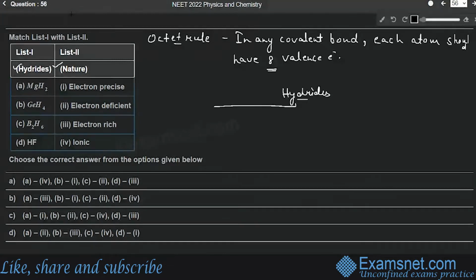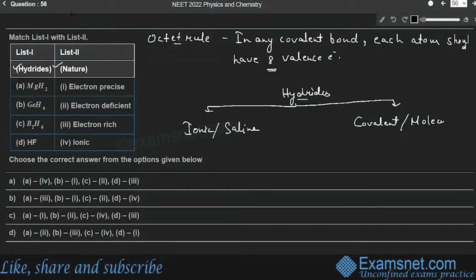Okay. Now, another thing that you should remember, that hydrides are of two types. First one is the ionic or saline hydride. Second one is the covalent or molecular hydride, right? Again, covalent are of three types: electron deficient, electron precise, that we have just now discussed, right? And the electron rich covalent.